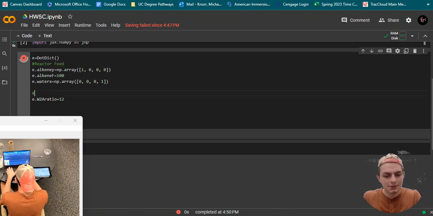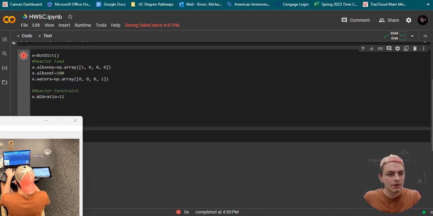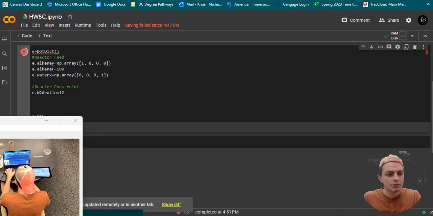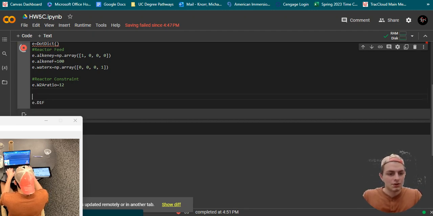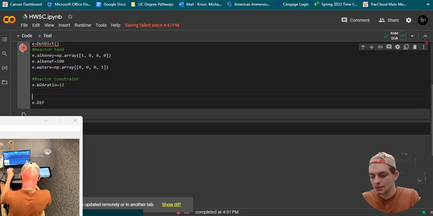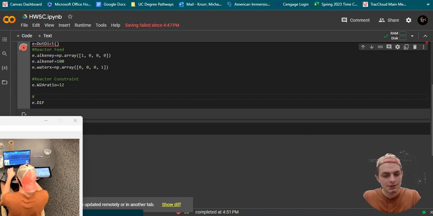We'll call this reactor constraint. Okay. Did it run? I don't know what's happening. Okay. Reactor constraint. And then here, we'll call this distillation column.